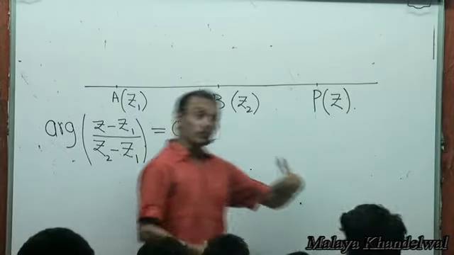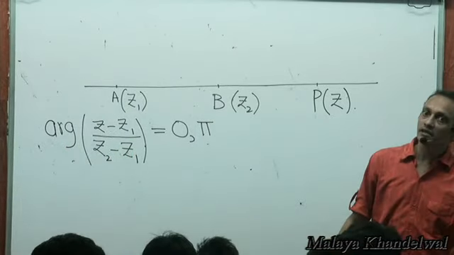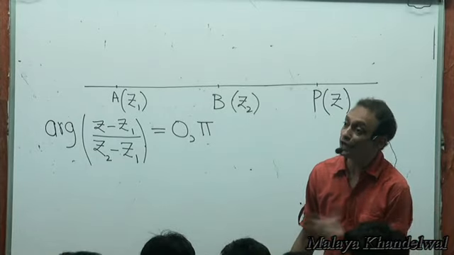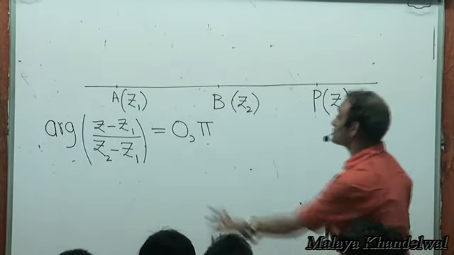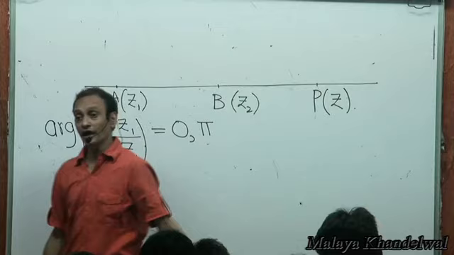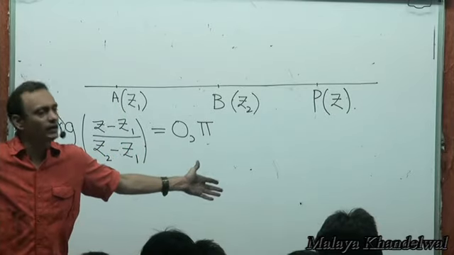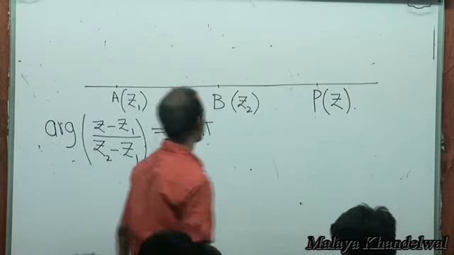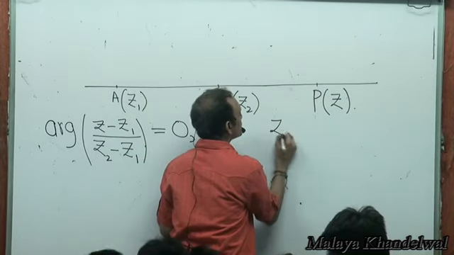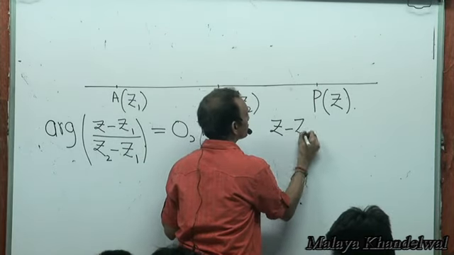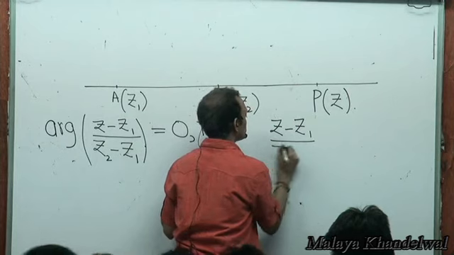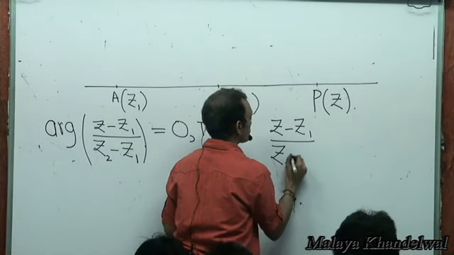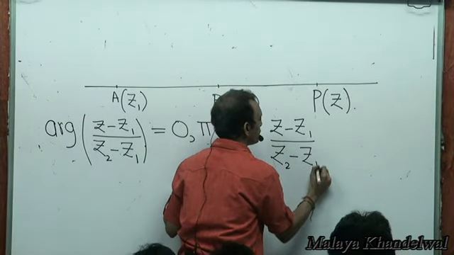If the argument of a complex number is 0 or pi, then that complex number would be purely real. That means this ratio must be purely real for any Z lying on the line AB on either side, right? That means Z minus Z1 divided by Z2 minus Z1 must be purely real.